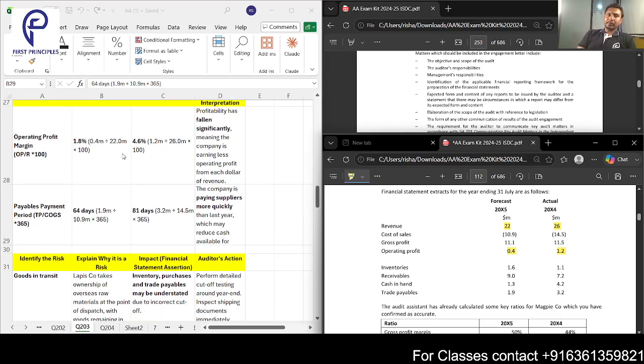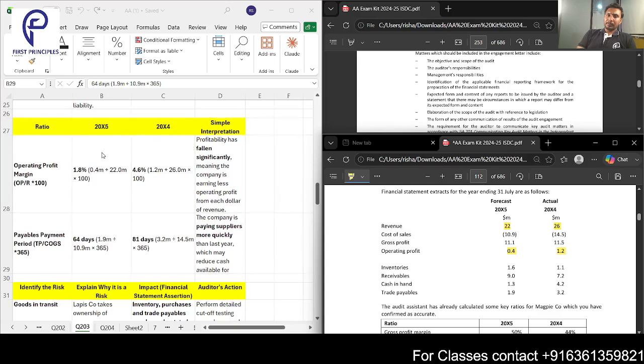And you can see the trend over here. From 4 to 5, you see it has fallen. You see the falling trend, 1 year to the other year. Payable days also, you see 81 to 64 days. You're paying more quickly. That's a good thing. See, operating profit margin has gone from 4.6 to 1.8.